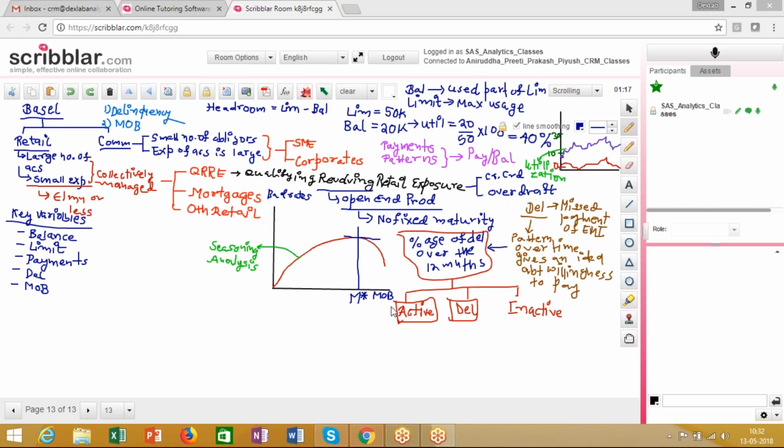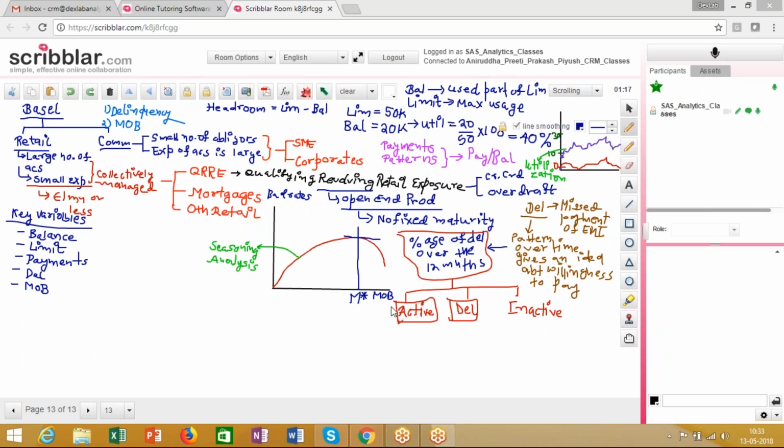Great. So these are the key variables. So when you have data and you are developing the model, yes, it is the bad rate over the time for which the data is there, right? So if you have data over the last 5 years on a monthly basis, then for each of the years you will have month on books equal to 4, equal to 5. So you just group them by the month on books. The time factor over here is not important. It's about the month on books.